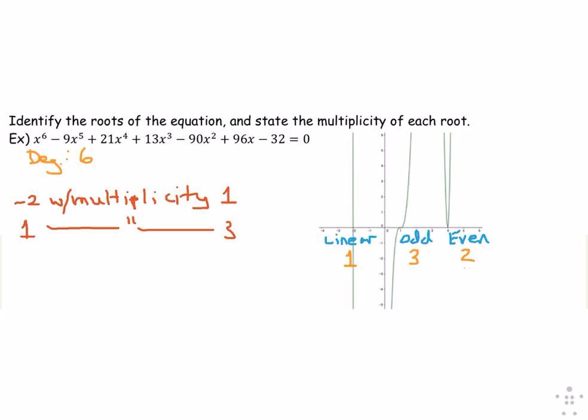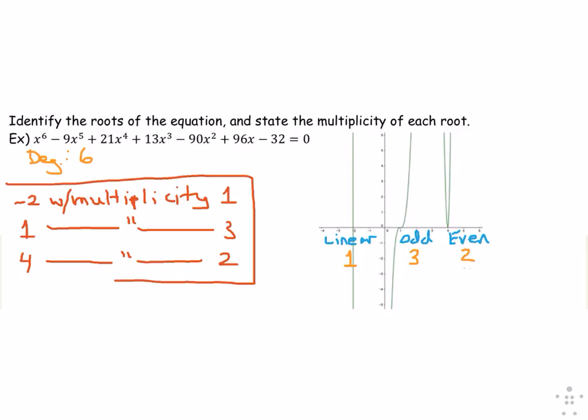And lastly, I have that is an x-intercept of 4 with multiplicity of 2. And again, 1 plus 3 plus 2 is the degree of 6. So make sure the multiplicities always add up to the degree. Now, that's all this problem wanted, so that would be the answer.